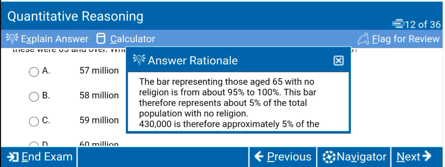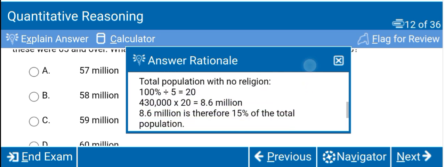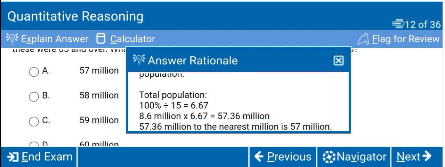This bar therefore represents about 5% of the total population with no religion. 430,000 is therefore approximately 5% of the total population with no religion. 100% divided by 5 equals 20. 430,000 multiplied by 20 equals 8.6 million. 8.6 million is therefore 15% of the total population, and the total population is 8.6 million divided by 15 and multiplied by 100.